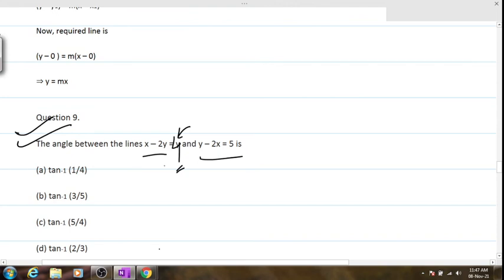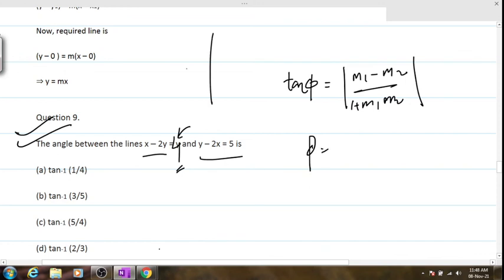Anyone can turn on the mic and tell me the formula. No one? Sad, sad, sad. It is m1 minus m2 over 1 plus m1 m2. The mod of this will give you the angle between two lines.